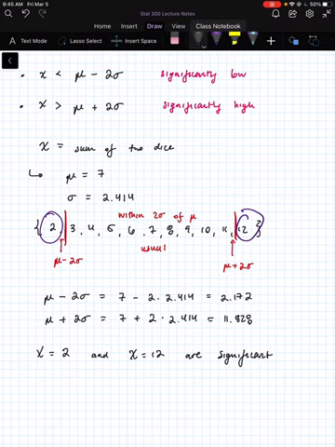And what the strong range rule of thumb is really giving us is a heuristic for knowing what we should be alerted to if we are taking random values from this distribution. So we should be concerned if 2 and 12 come up repeatedly, because that would be suggesting that we're not taking representative samples from this distribution.